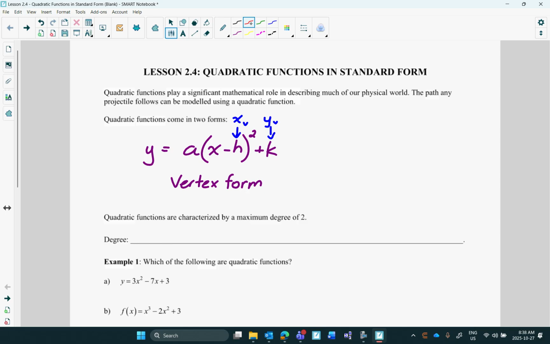But a lot of times, quadratic functions come in this form. And there's actually a reason for this form that we'll see in the next unit. This is called standard form.